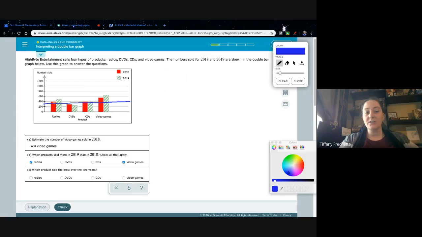And these are even taller, so I'm going to get even more than the CDs. Video games, I'm definitely going to get more than anything else. So this tells me that DVDs sold the least out of everything, just because those two bars are the shortest bars. So if I add the two shortest bars together, I'm definitely going to get less than adding bars that are already taller than both.